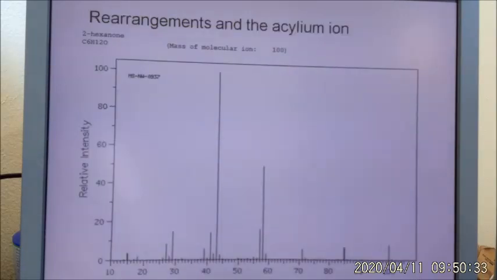Alright, let's take a look at this one, 2-hexanone. Here's my molar mass. I lost 15, so I lose a methyl group. If you look at 2-hexanone, here's 43. Let's draw the structure out: 2-hexanone, 1, 2, 3, 4, 5, 6.